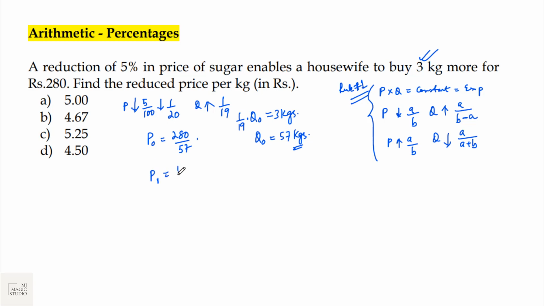That means new price is 19 by 20 of the previous price. 19 into 14, okay, 19 gone, 57 3 times. It is 14 by 3. That is 4.67. So the reduced price per kg is 4.67. That features in option B.